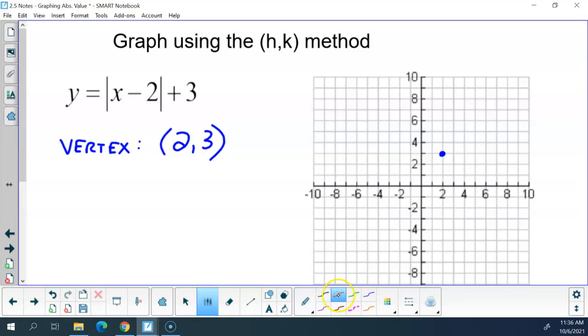What is the right side slope? We got 1, yep, because the a value is 1. So that means I'm going to go up 1 and right 1, up 1 and right 1 all the way. What is the left side slope? Negative 1.